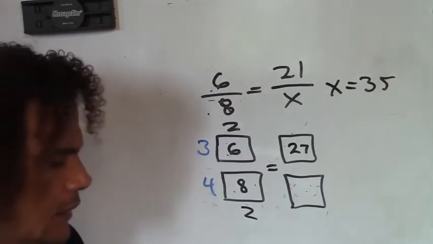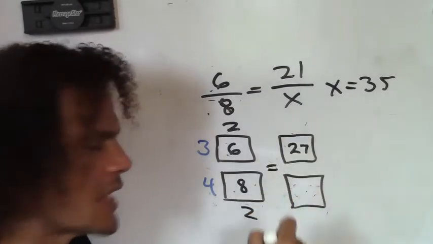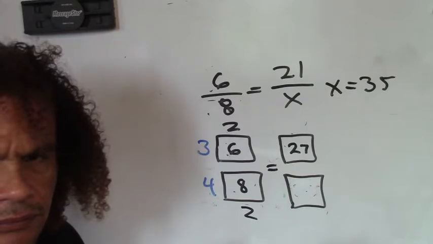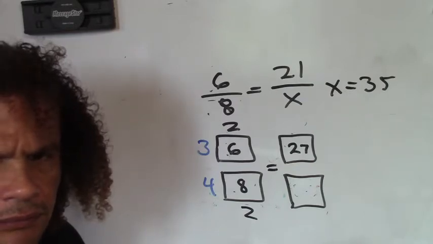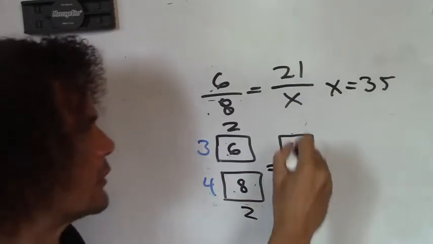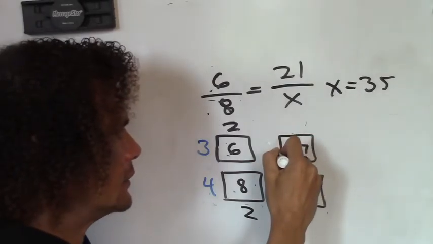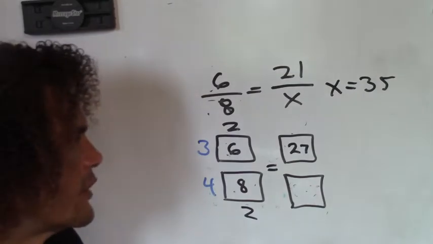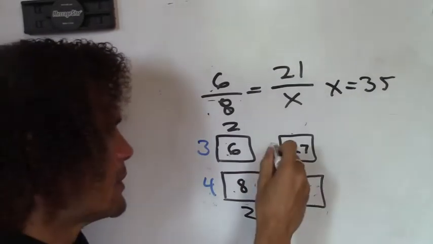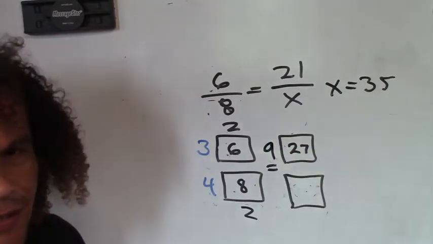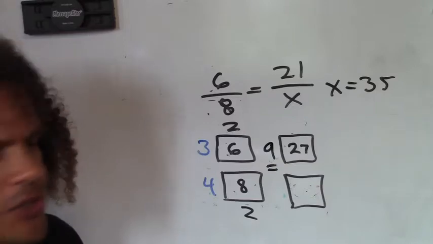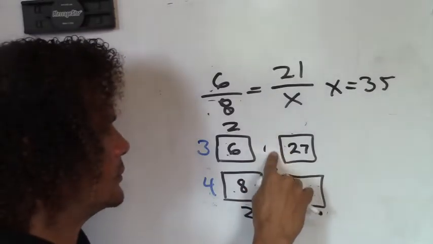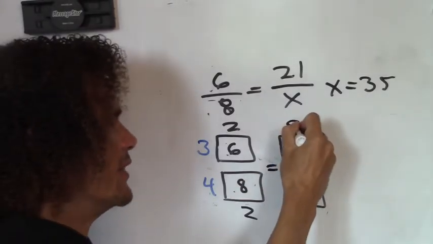So put the 9. Where does the 9 go? Right there. Above the 27 or next to the 27? Next to the 27. So you want me to put it there? That won't make any sense either. So where should it go? On top of the 27.